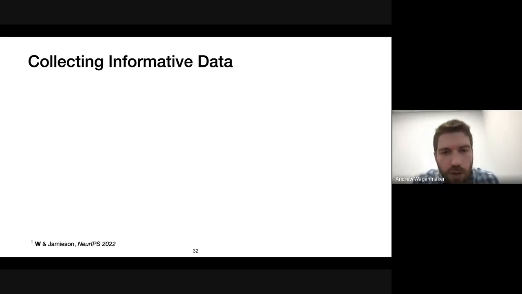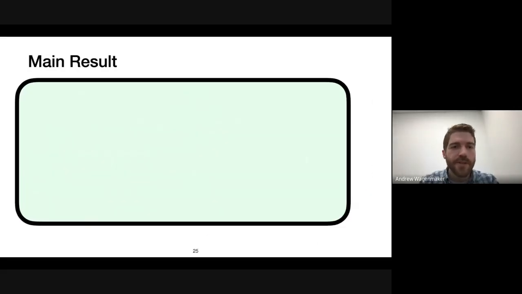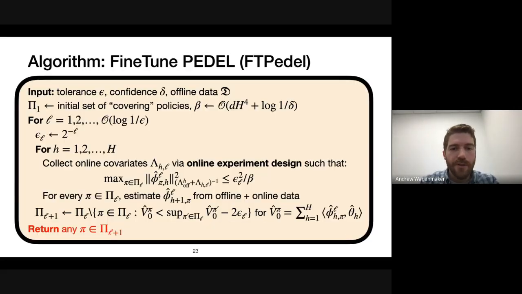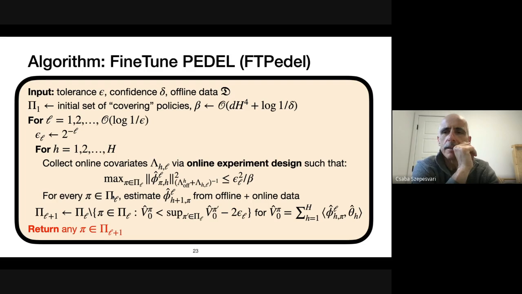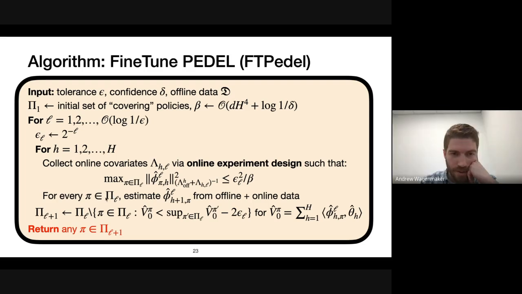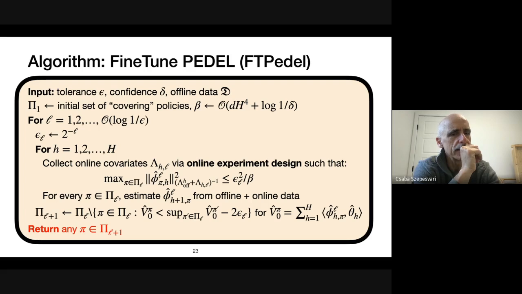Well, not quite. What it is doing is gradually refining the set of policies. It basically maintains a set pi L, which it gradually shrinks to only maintain good policies. So reward very much comes in when it's doing the policy elimination. Okay, yeah, I remember.